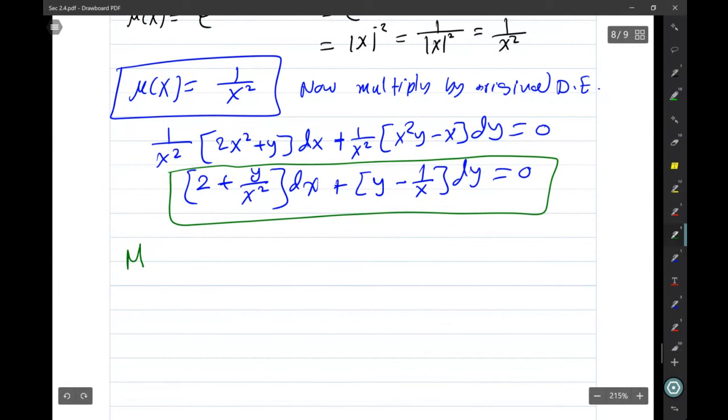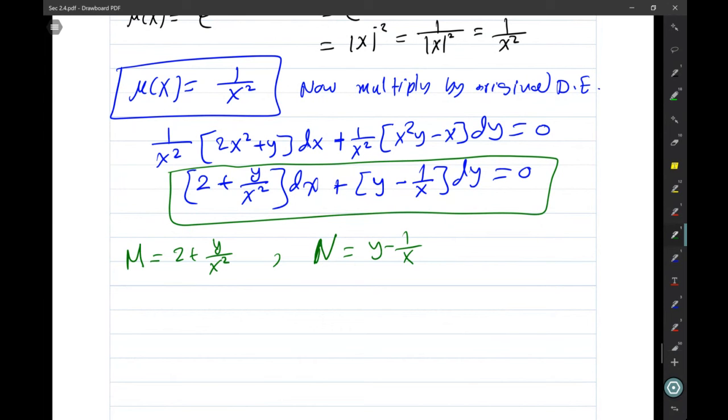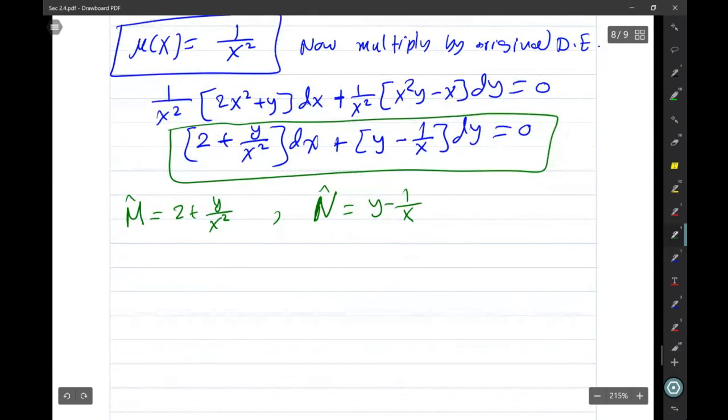This is the new M, it is 2 plus y over x squared, while the new N is y minus 1 over x. We can call it M dash and N dash.